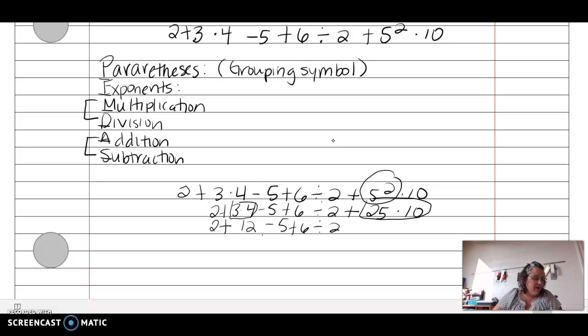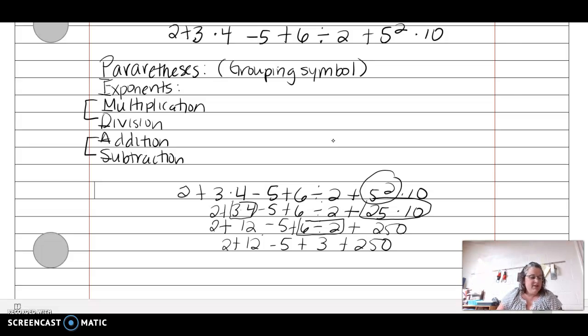And then we have the 25 times 10, which is 250. We have some division. So the 6 divided by 2. So you have 2 plus 12 minus 5 plus 3 plus 250.